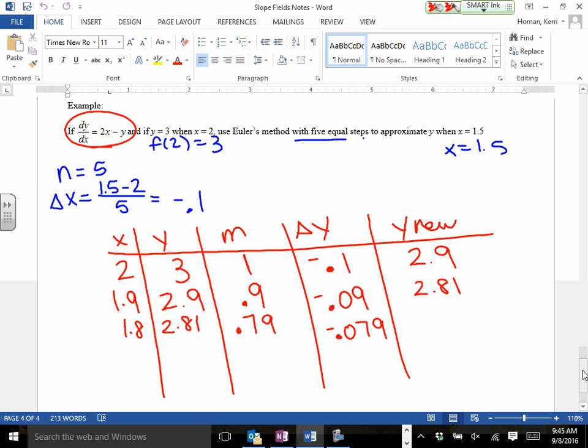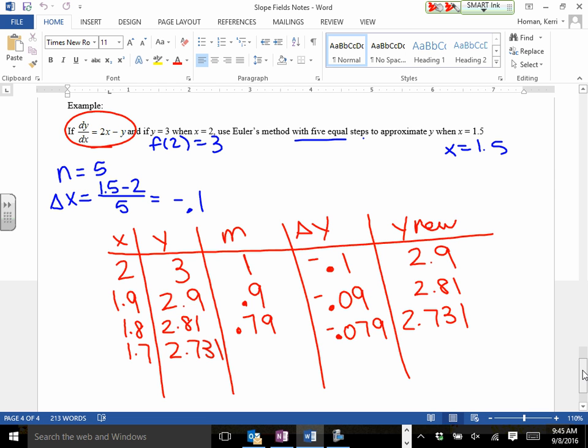So what's our new y value? We take our y, add delta y to get, okay, we're almost there. We are now at 1.7, 2.731. Please calculate our slope using that coordinate.